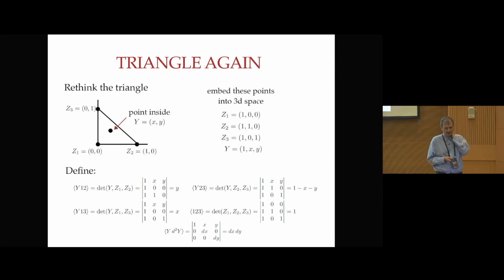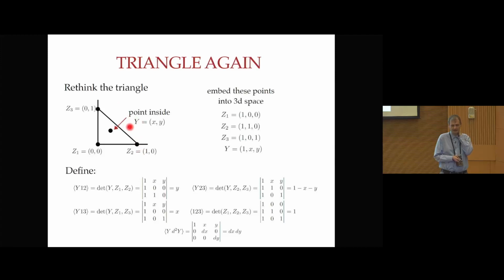But now we would like to rethink the triangle again. So far we spoke about the triangle in a plane. It's a positive geometry. It has some interesting canonical form. Now let's start with the triangle again here. Has 3 vertices, z1, z2, and z3. These are the coordinates of the vertices.